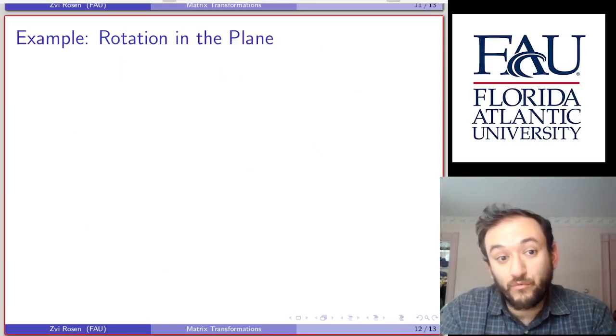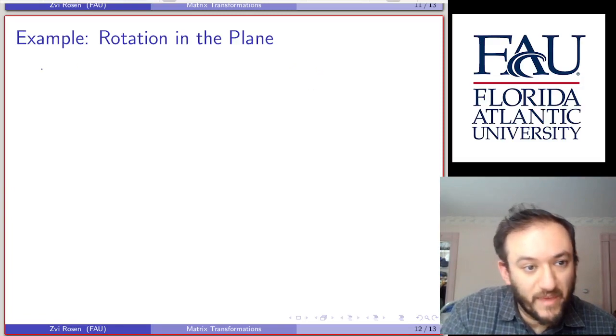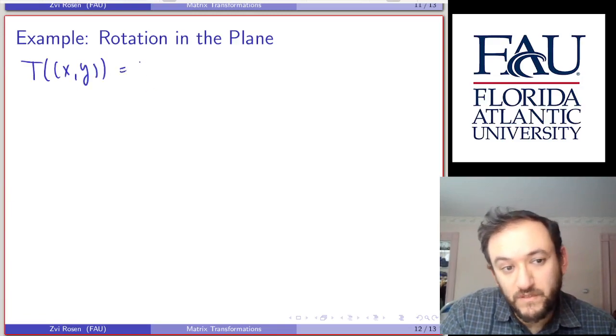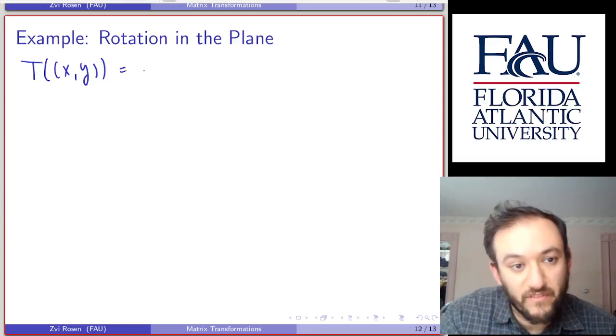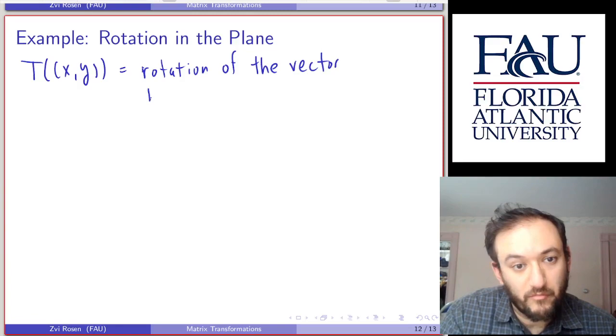Next, we'll consider rotation in the plane. And here what we mean is that T of x, y will be equal to the rotation of that vector by theta degrees.